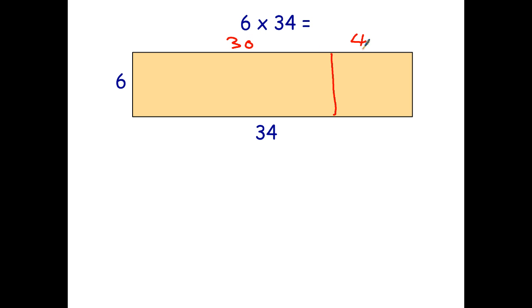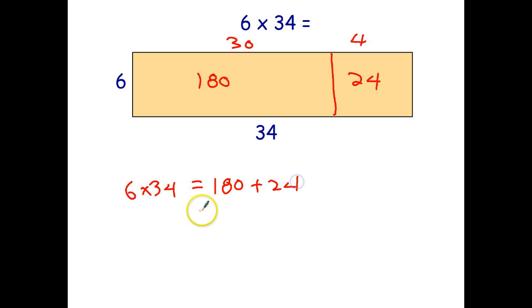And then do the calculation first with 30. So 6 times 30 is 180. 6 times 4 is 24. And that means 6 times 34 is 180 plus 24. And that adds to 204.